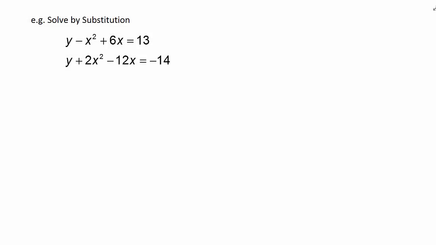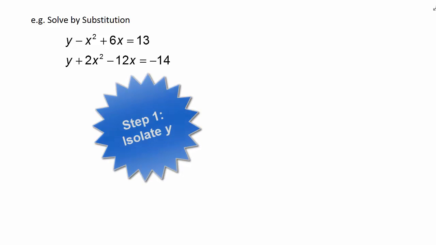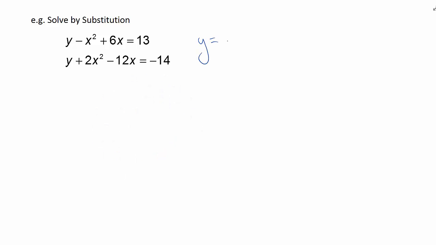Let's look at an example. Solve by substitution. y minus x squared plus 6x equals 13. y plus 2x squared minus 12x equals negative 14. Isolate y in one of the two equations. I'll pick the first one. y is equal to x squared minus 6x plus 13.